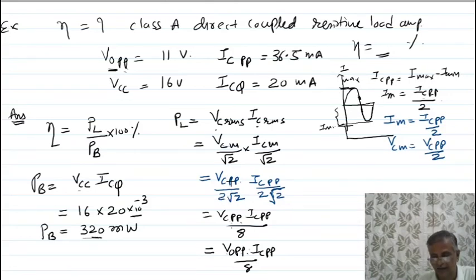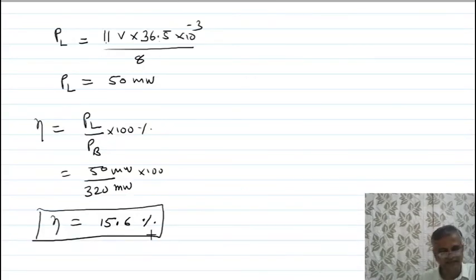I have not put it directly, just to explain what I have done. So by putting all these values, you will get your answer, nearly about 15.6. It is very low.